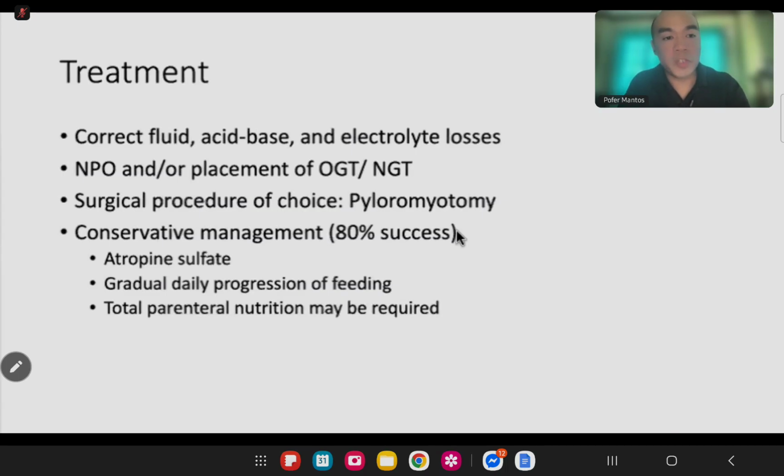And then of course you have to put the patient on NPO and insert an OGT to prevent the risk of aspiration from the gastric contents. Surgery must be done, the pyloromyotomy, and for others, conservative management is initially done first while stabilizing the patient. These are usually what is done as conservative management.